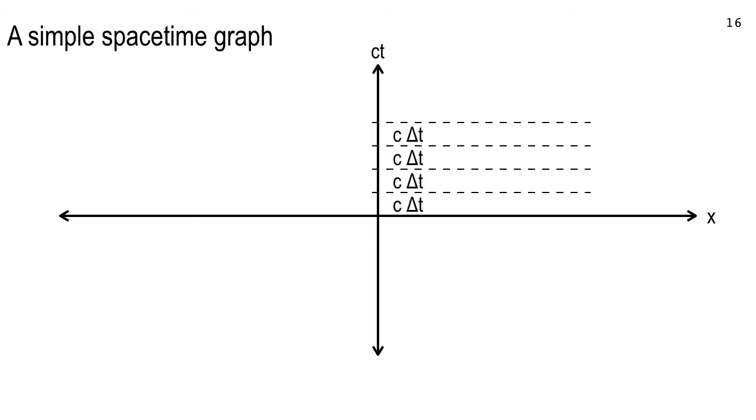So go ahead and label them c delta t, 2c delta t, 3c delta t. The last one is 4c delta t's above time t equals 0, ct equals 0.